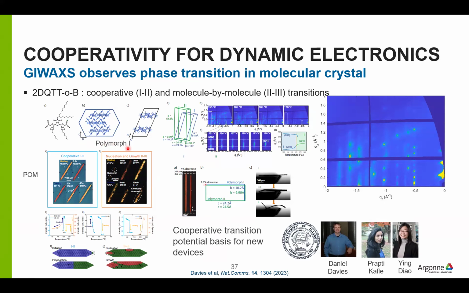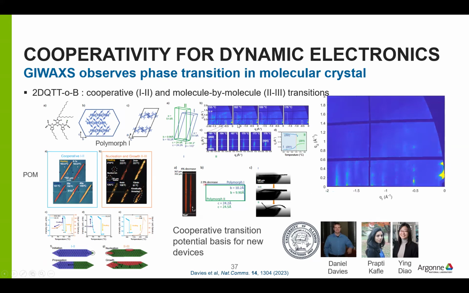And looking optically with polarized microscopy, they found that certain polymorphs transition in a cooperative way, with a very rapid transition, and others follow more of a nucleation and growth formation that's much slower. And we can also see that with in situ GIWAXS with thermal annealing.